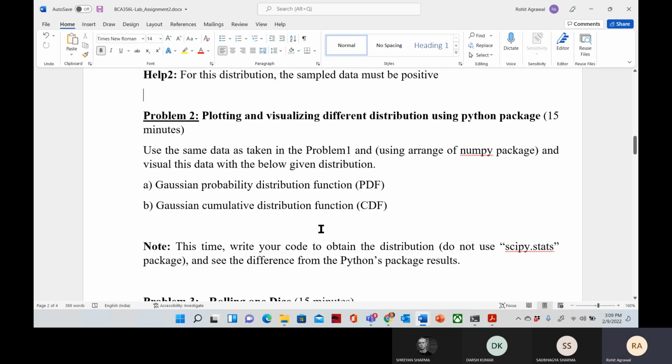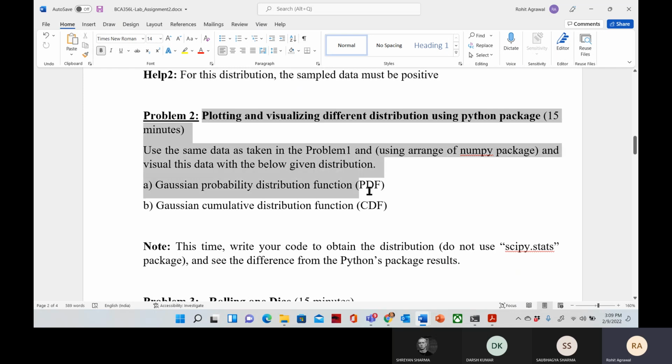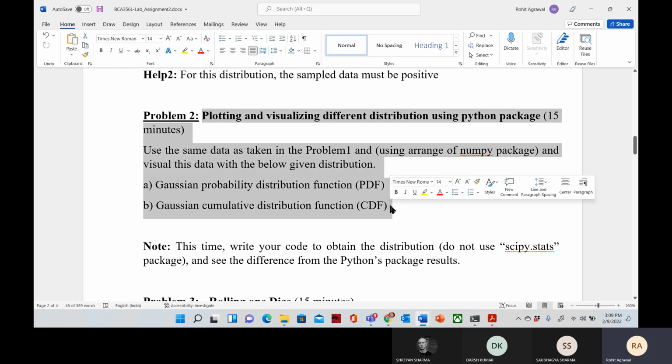This time, instead of using the Python library from scipy.stats import norm, you need to write your own code for Gaussian distribution. Can you do that? Without using the libraries.